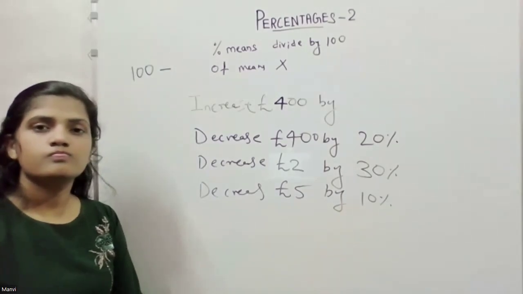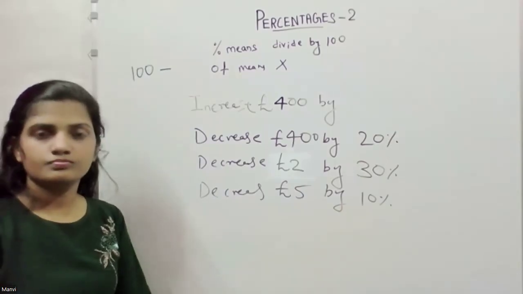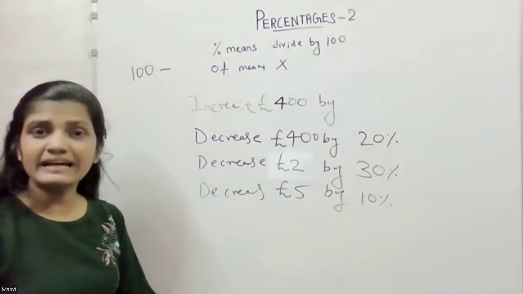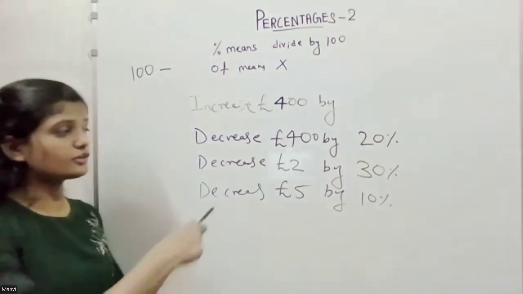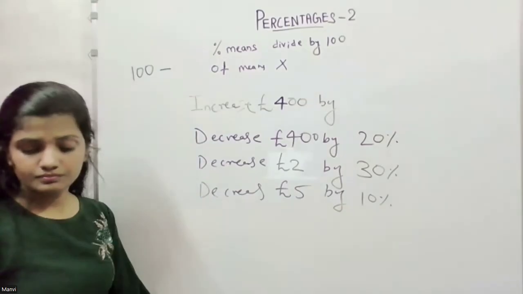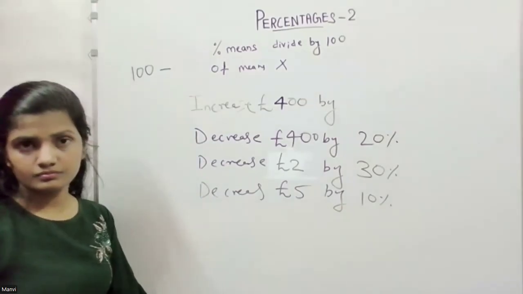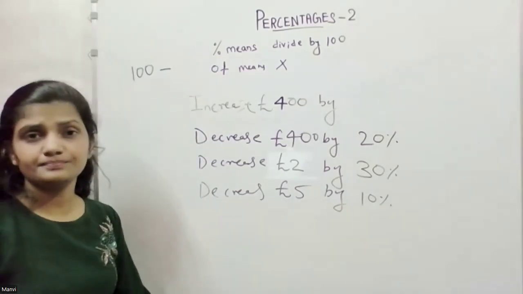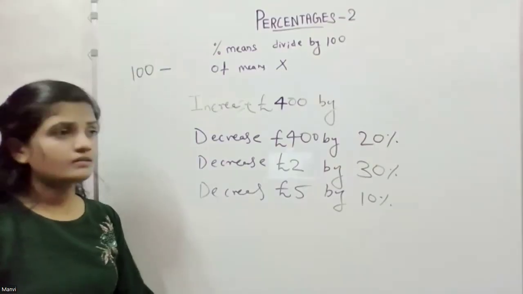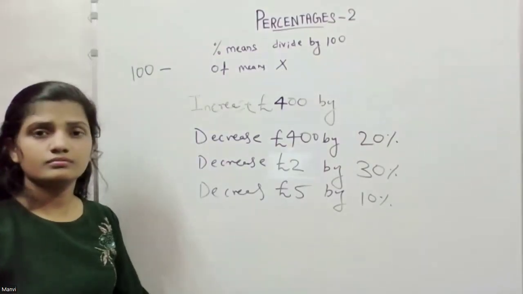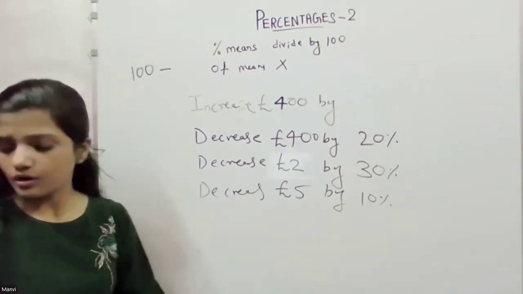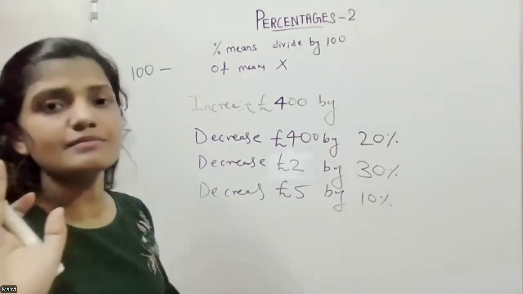I did 10 by 100 times of 5, which gives me 1 by 10 times of 5. Sorry, 10% of 5 is what? 10% of 5 is 5 by 10? No, I got 1 by 10. Okay. Answer me one by one.